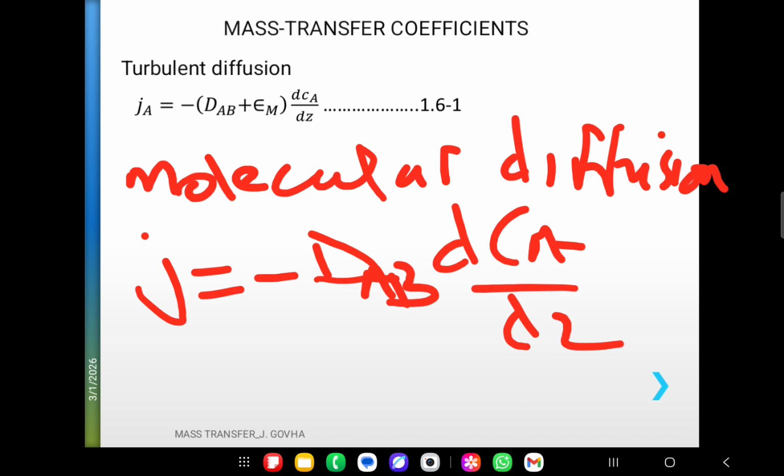And in the turbulent diffusion, we are saying that it's faster and it's enhanced. Hence, the addition of the term epsilon M there.